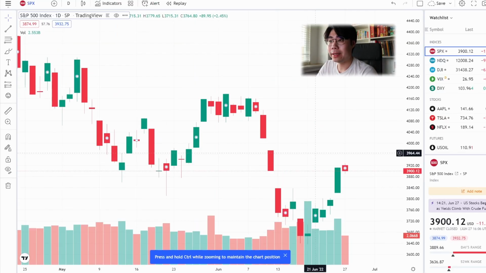All right, let's look at an actual example of the candlestick chart. We're looking at the S&P 500 index over here on a daily time frame. Each one of these candlesticks represents one day with the opening price and closing price.